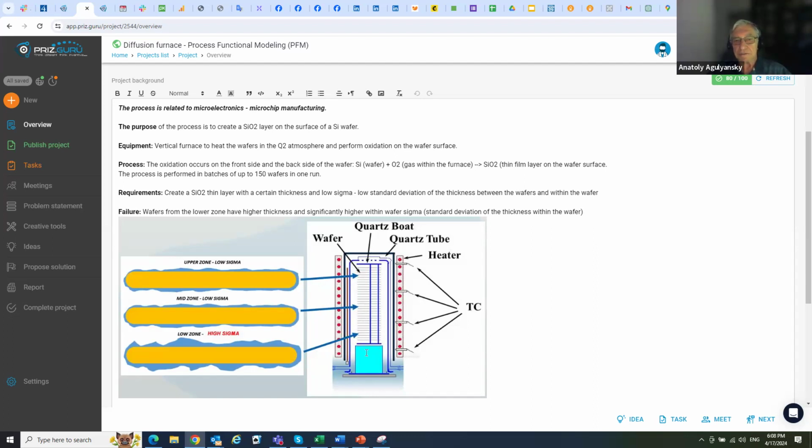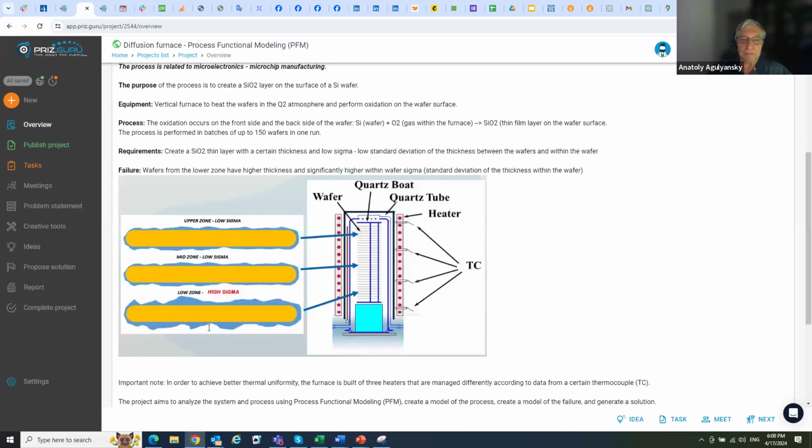We oxidize at a relatively not very high temperature, 300 or something like this, degrees centigrade. The problem, and this is a chronic problem, is that bottom wafers always display a high thickness, which is not a problem, but they have a high sigma, a higher standard deviation, which is a real problem. It could be 2, even 3 times higher.